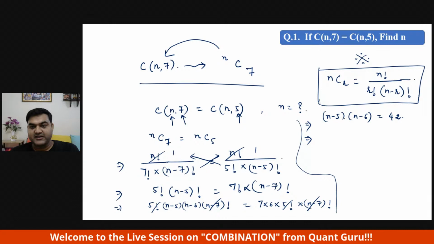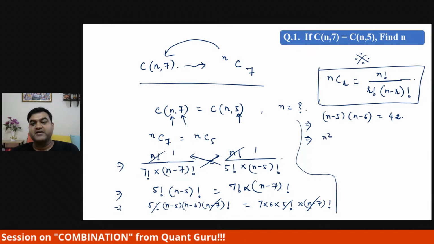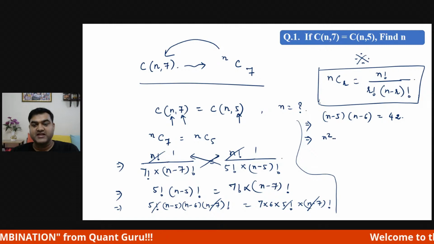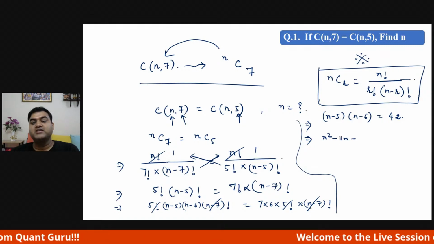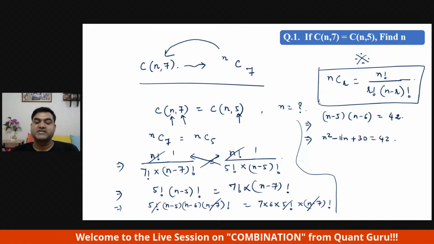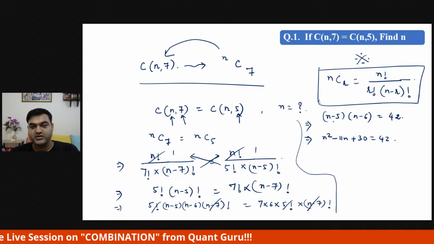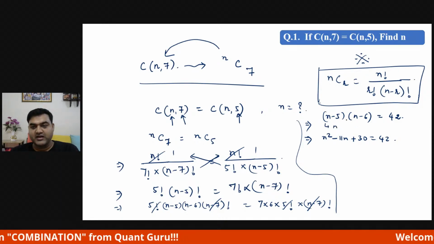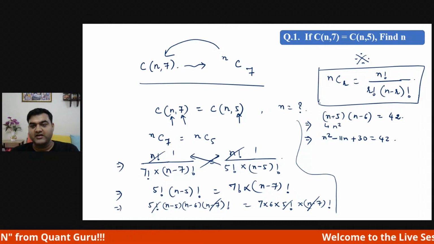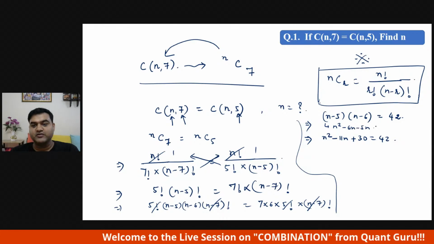Now you can write it as n square, minus 5 minus 6 is minus 11n, and minus 5 into minus 6 will be 30, is equal to 42. Now I have skipped one step here. If you want to write, you can reduce it to n times n is n square, n times 6 is minus 6n, minus 5n, and plus 30 is equal to 42.